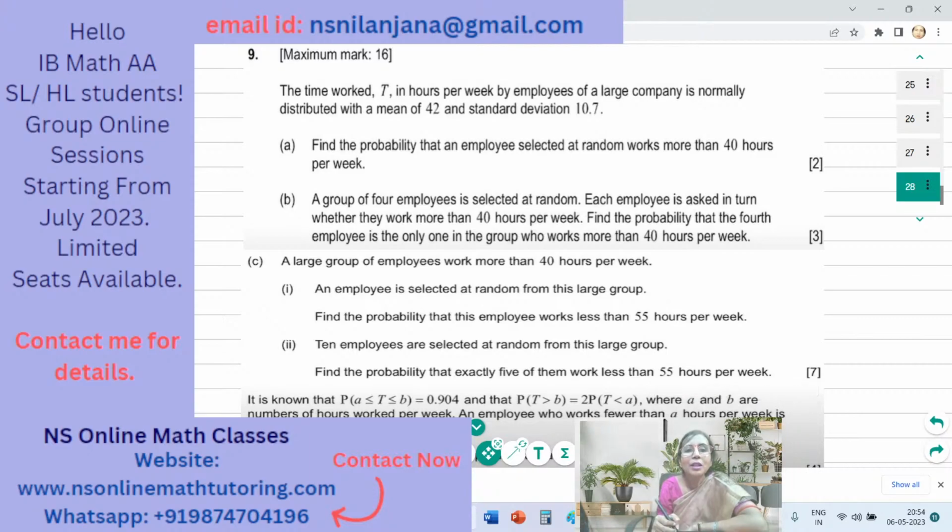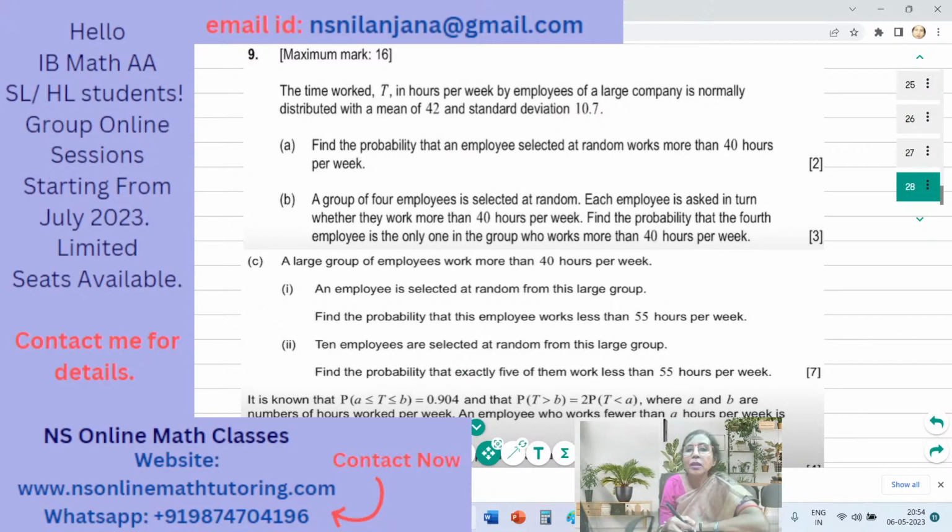So question number 9, maximum mark 16. The time worked T in hours per week by employees of a large company is normally distributed with a mean of 42 and standard deviation 10.7.